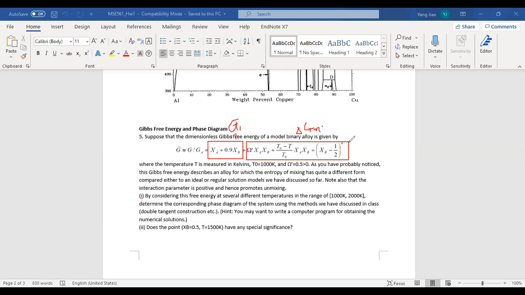If you want to make a connection to what we learned, let's look at this G1 part. I normalize the overall free energy with the free energy of pure A. So if I ask you, what is the free energy of pure B in terms of pure A? What is going to be that number? 0.9 times GA, right?